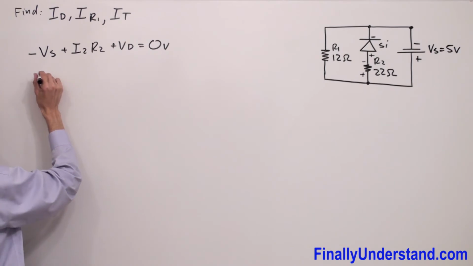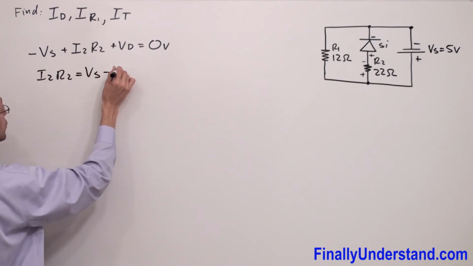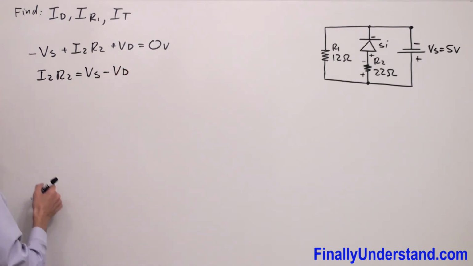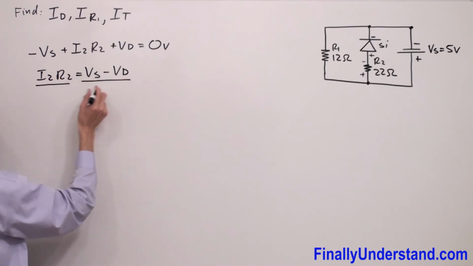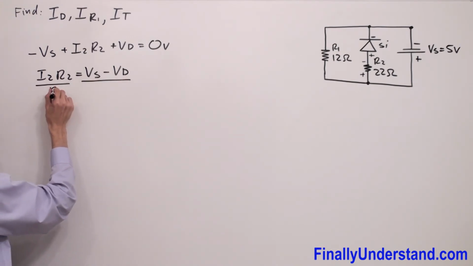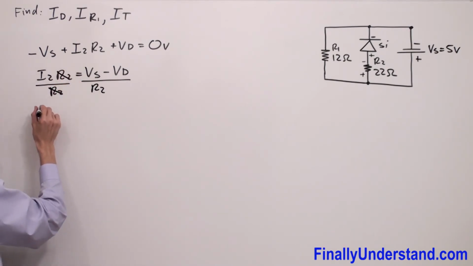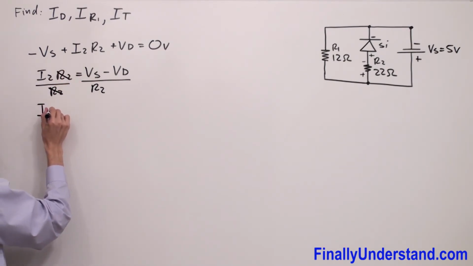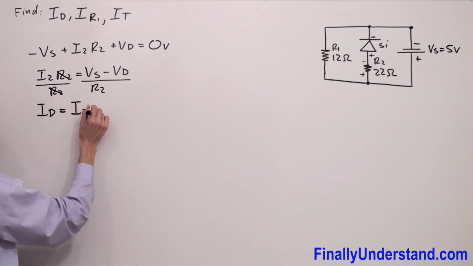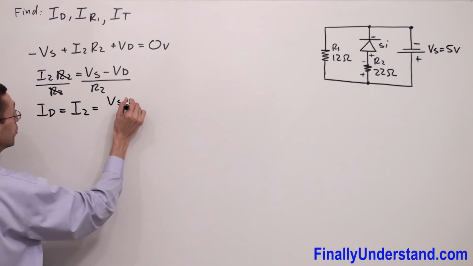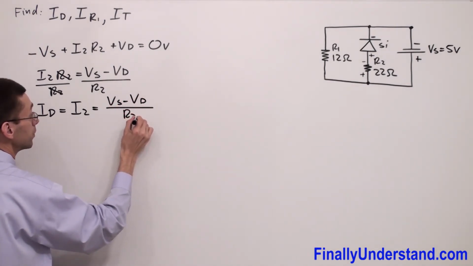So I have I2 R2 equal to voltage source minus VD. And in order to find I2, I'm going to divide both sides of my equation by R2. R2 and R2 will cancel out. So I have ID, which is also equal to I2, equal to voltage source minus VD over R2.